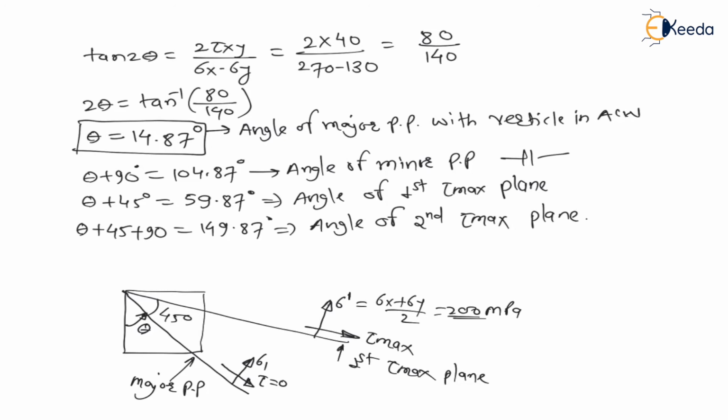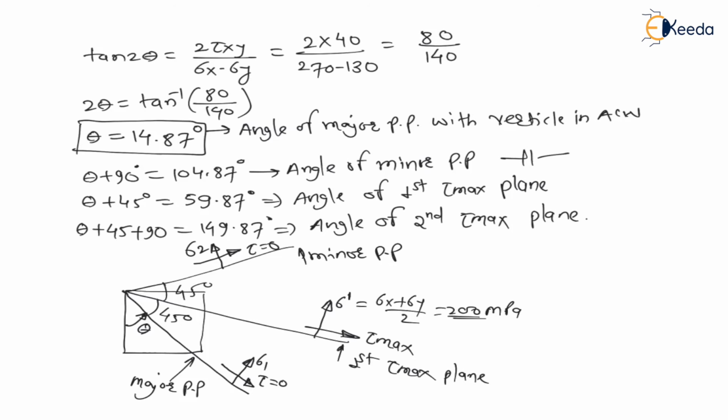Right. Again, add 45 degree to this, right, means perpendicular to major principal plane, there will be minor principal plane. That means on this plane sigma 2 is acting, normal stress is sigma 2, and again on this principal plane shear stress is 0.